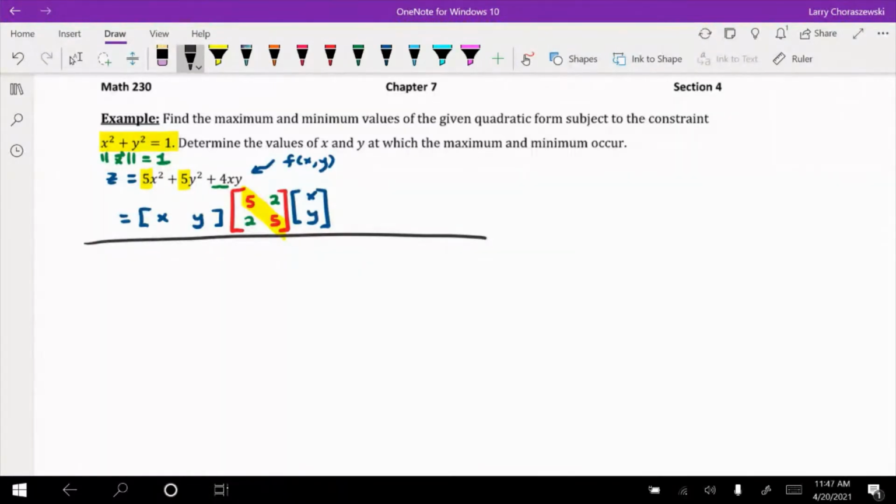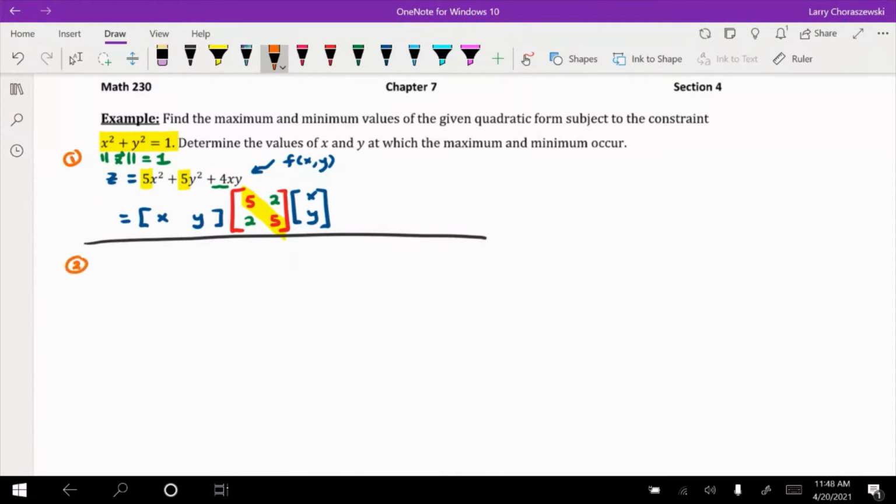Now what we want to do to help us figure out the eigenvectors that produce the maximum value of z subject to this constraint is we want to find a basis for the eigenspaces of A. Okay, so this is like a step 1 where we rewrite it in quadratic form.